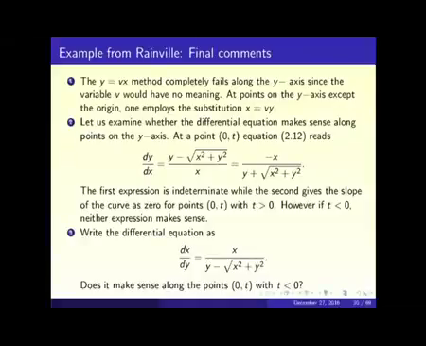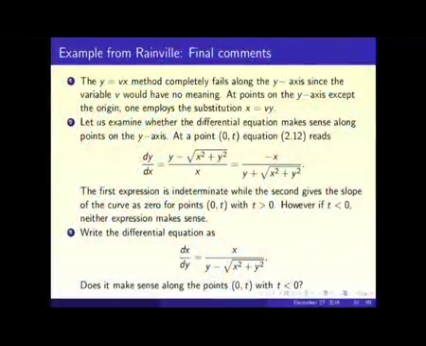Or I can rationalize the numerator and write it as minus x upon y plus under root x squared plus y squared. The first expression is a 0 by 0 form if you assume t is positive. If you take the upper part of the y-axis, if I take a point (0, t) with t positive, then the first expression is a 0 by 0 form.